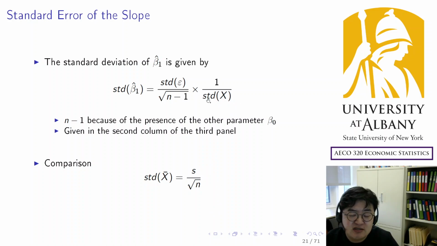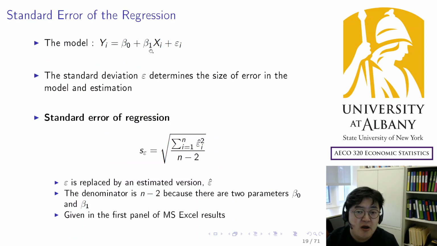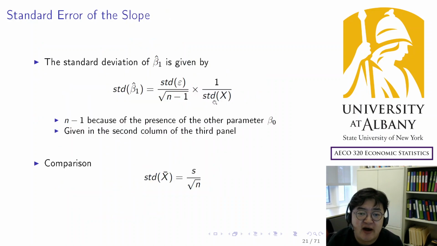Another difference is that you have to standardize, dividing by the standard deviation of x. That is because in our linear regression model, beta 1 is multiplied to x, right? So the standard deviation of beta 1 and x are kind of entangled with each other. So you need to divide the other part, right?